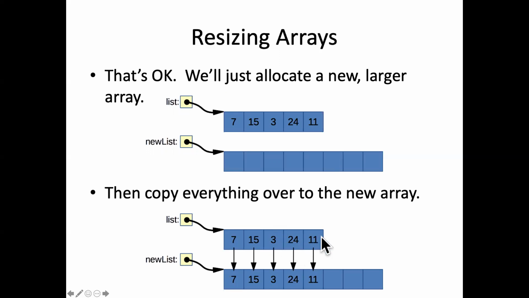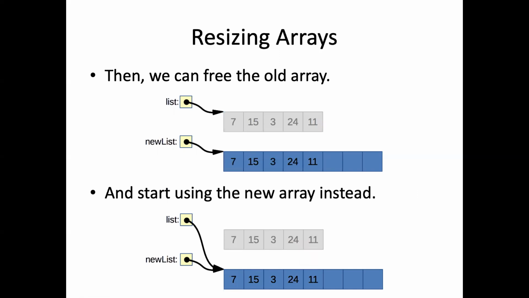So after I've gone to malloc and asked for more space, I'll copy all my stuff over. And now once I've copied it, I don't need the smaller array anymore. So here's when I know I can free that array. Once I've copied everything over, I call free and I give it back the old smaller array I was using.